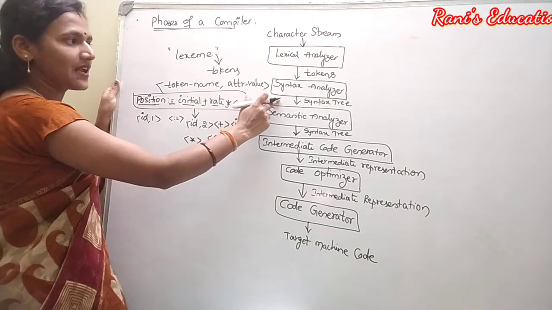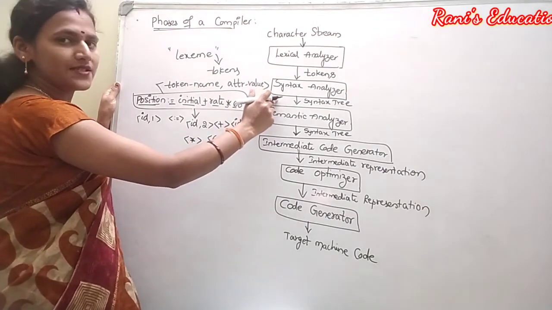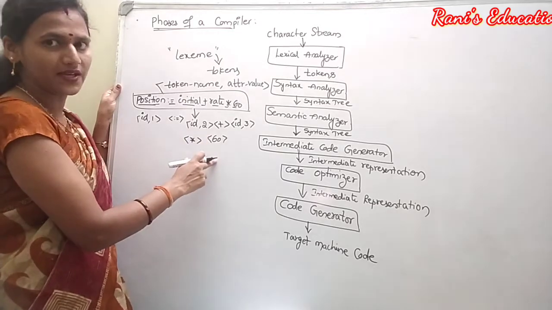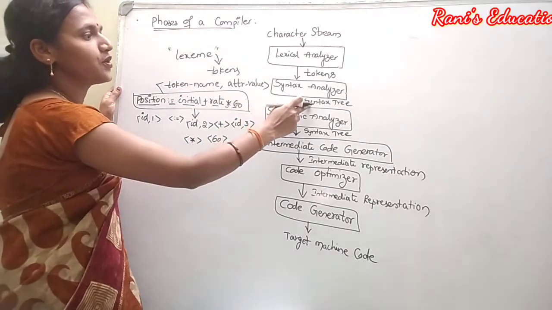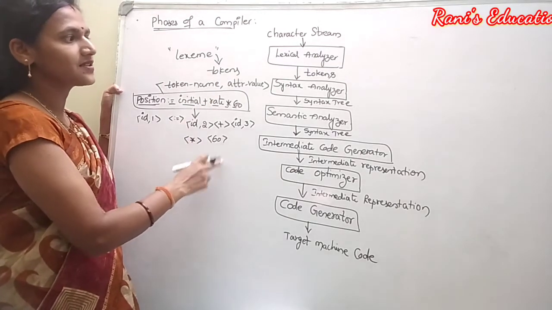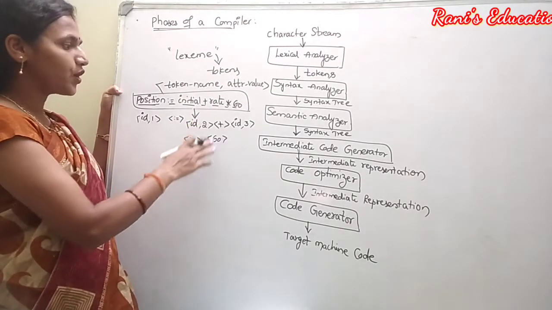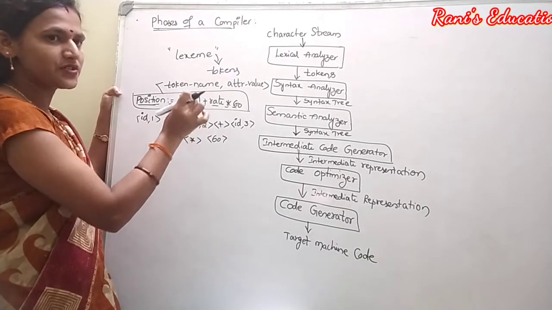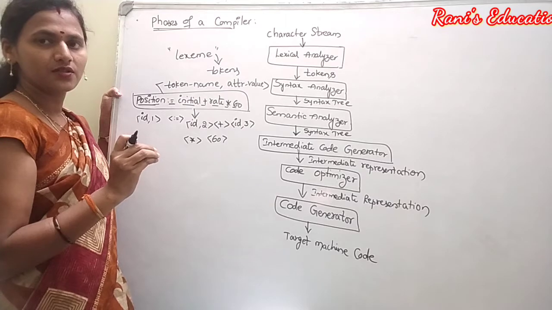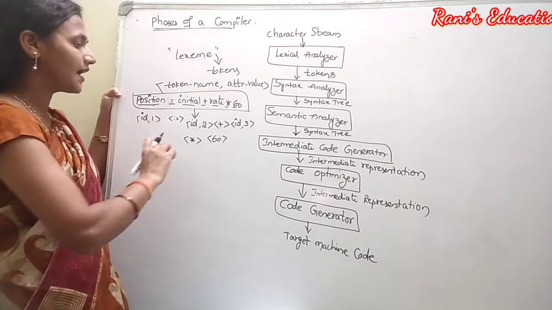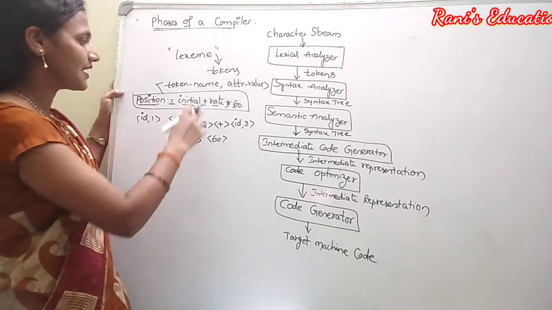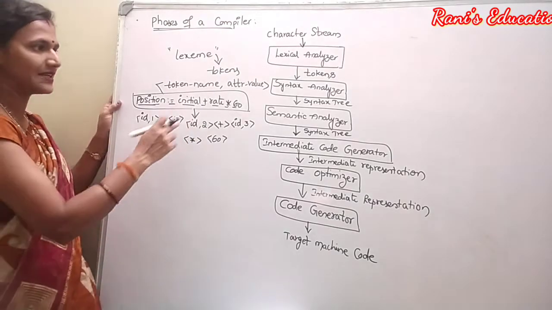Now in the syntax analyzer, a sequence of tokens is taken as input, and it will produce the syntax tree. While constructing the syntax tree, operators are defined as interior nodes and root nodes, and identifiers are defined as leaf nodes. Let's see how we define that syntax tree.